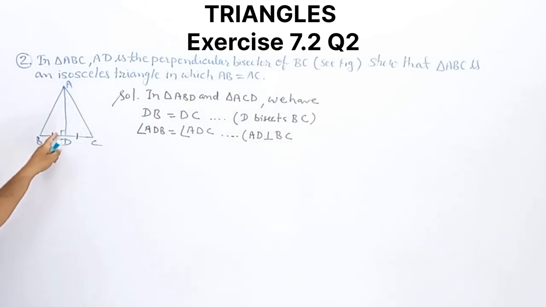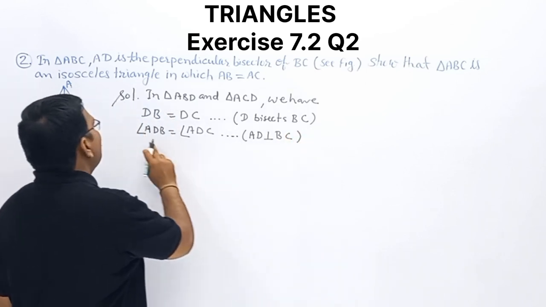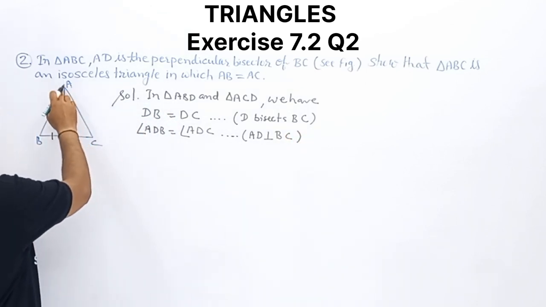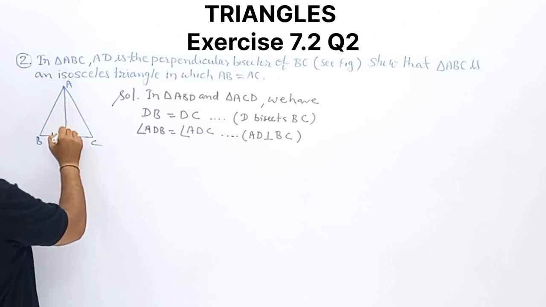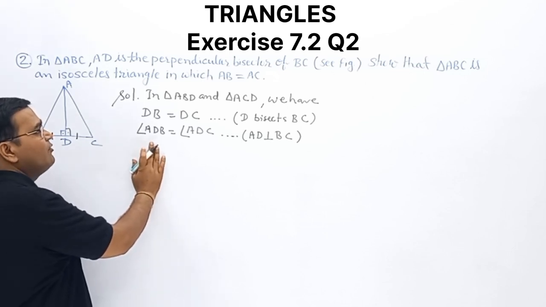Then we can say this angle and this angle are both equal, and equal to 90 degrees. AD is perpendicular to BC, then angle ADB and angle ADC will be equal, and it means perpendicular. So both these two angles will be 90 degrees. Clear?